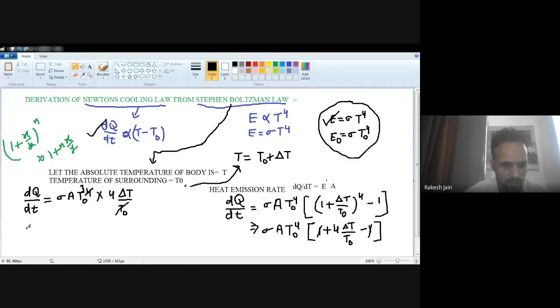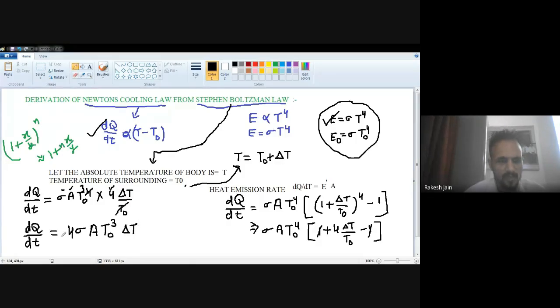So dQ/dt will be equal to, see very carefully, 4σA T0 cube, that is room temperature or surrounding temperature cube, and ΔT.